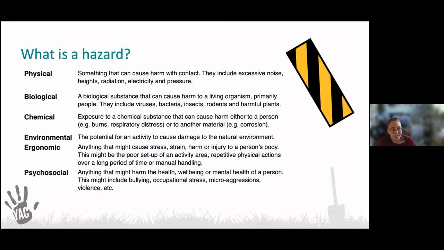So we tend to think about the physical. Biological, we've all had to deal with this risk over the last 2 years with a pandemic. So a biological could be a virus, a bacteria, harmful plants, insects and rodents. Those are all biological hazards.